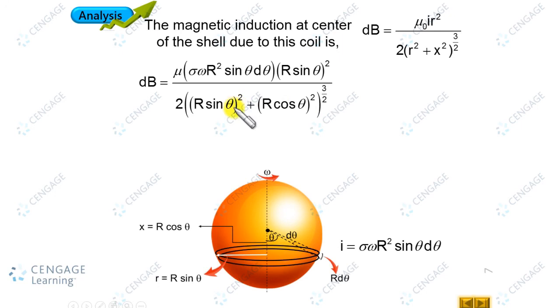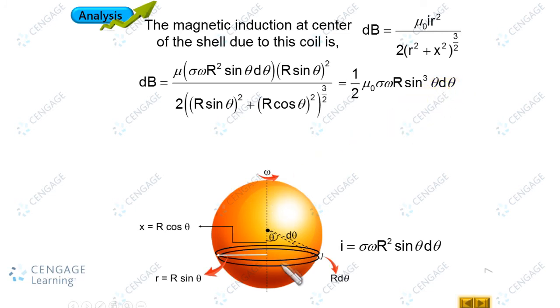Now we can simplify this relation. If we take r square as common, this should be equal to r cube, and in the bracket the term will be sin square theta plus cos square theta, that is equal to 1, and 1 to the power 3 by 2 is again 1, and in the numerator you can observe this is sin theta and this is sin square theta. So after calculation finally we will get 1 by 2 mu naught sigma omega r sin cube theta d theta.